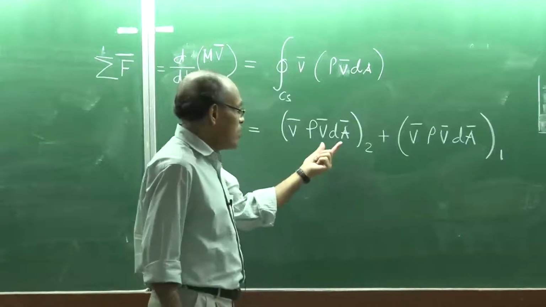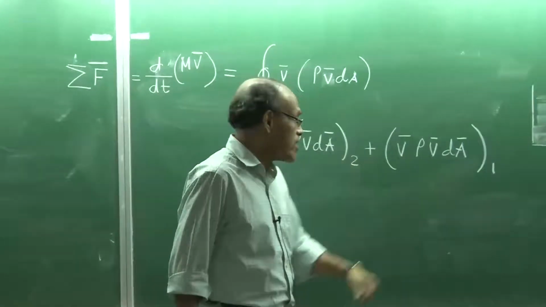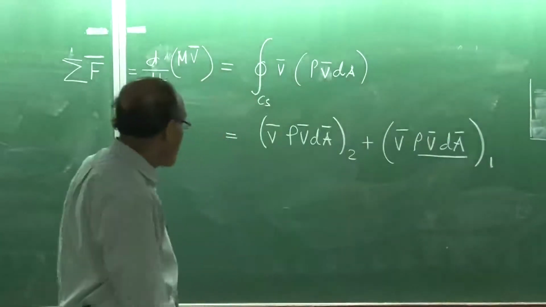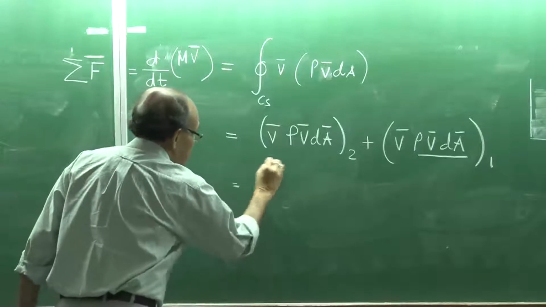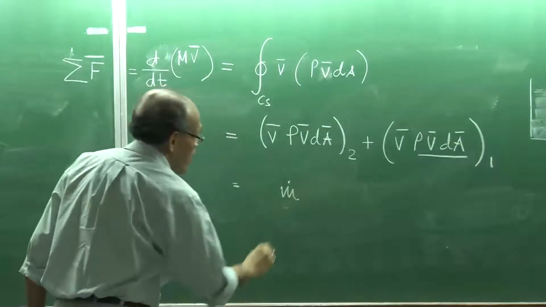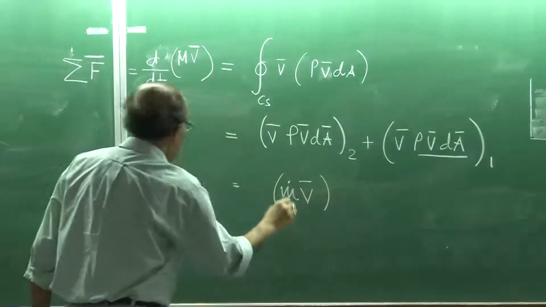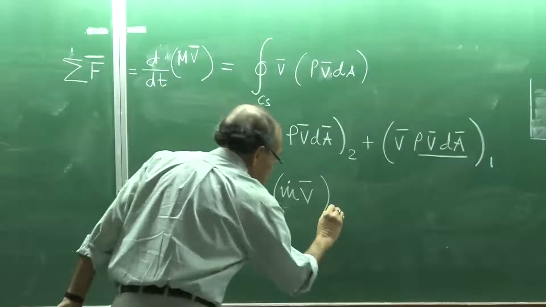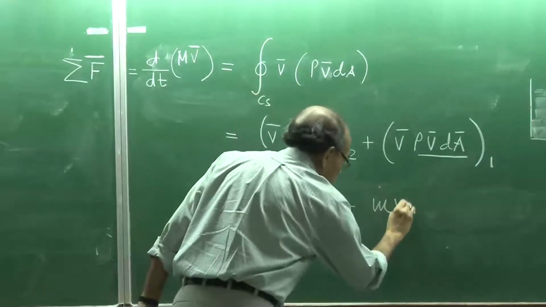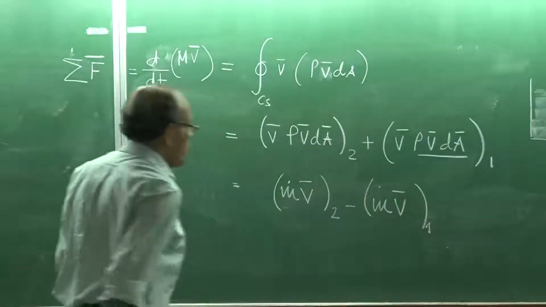If you evaluate this dot product, if you remember, we will get a negative sign before the inlet. Now, this term can be represented as I have shown here with an m dot term. So, I can say that this is equal to m dot, the mass flow rate, at section 2, which is the outlet, minus m dot at section 1.